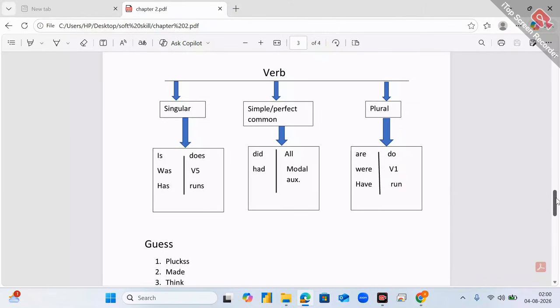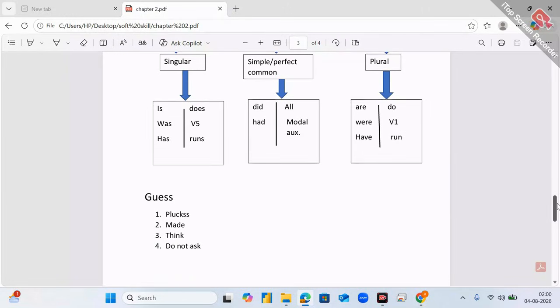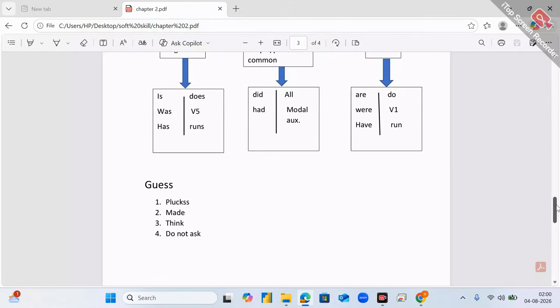So let's guess which verb format is there, and guess the tense. For example, plucks. As S is written, where does it come? Does, runs, goes. So which tense is there?